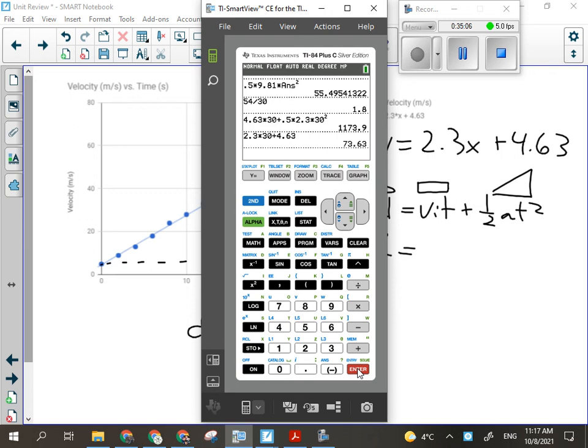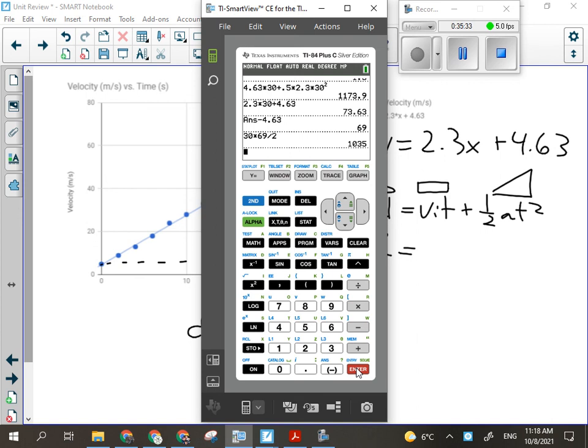Okay, so it's 73.63. Actually, adding that 4.63 kind of wastes a bit of time for me. I only want the height of the triangle, not all the way from the x-axis, agreed? So I actually want to just subtract the 4.63 from that. There's the height of my triangle. Now that I have the height of my triangle, I can go base times height divided by 2.